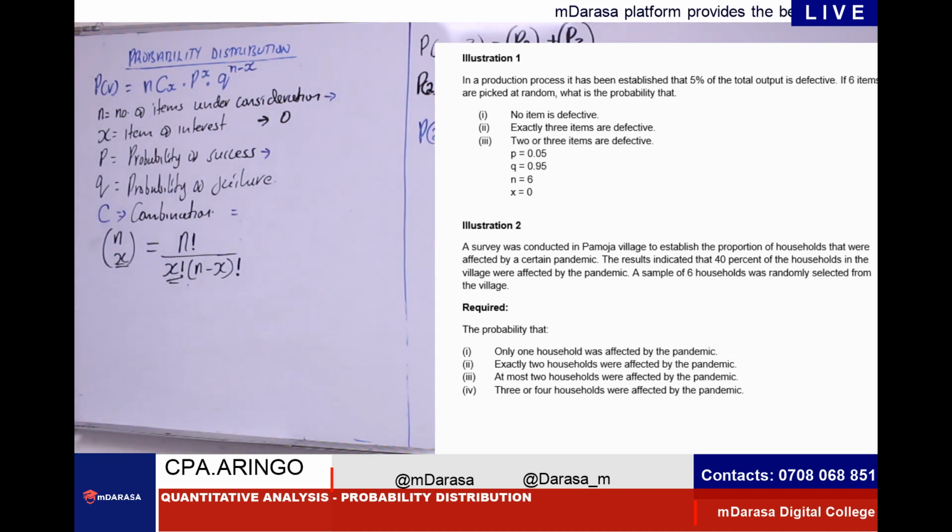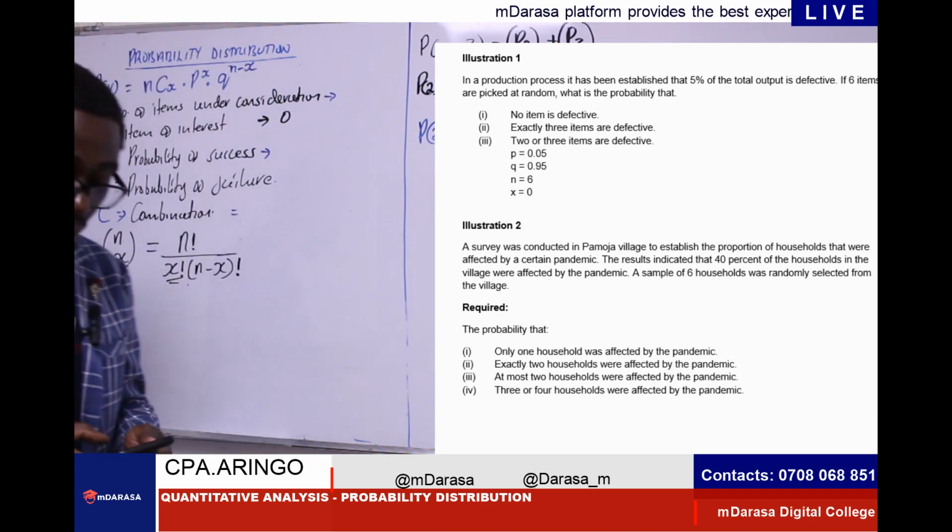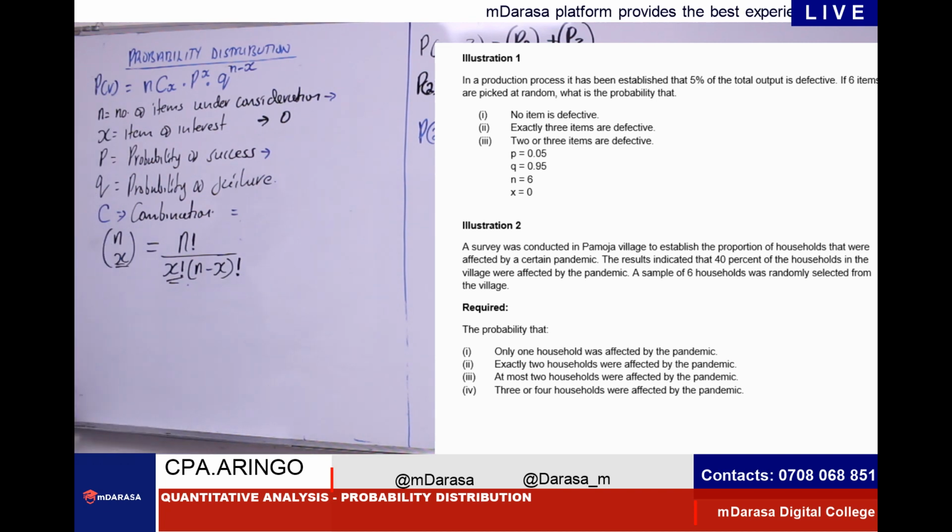Okay, so this is our task. Number one, the examiner wanted us to determine the probability that only one household was affected by the pandemic.